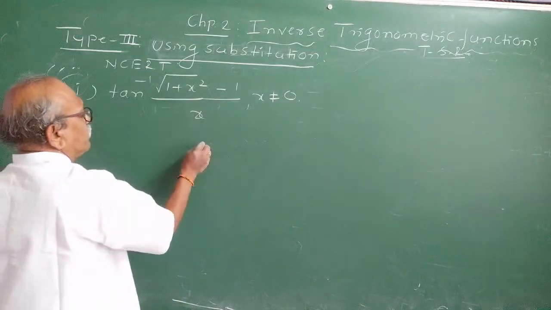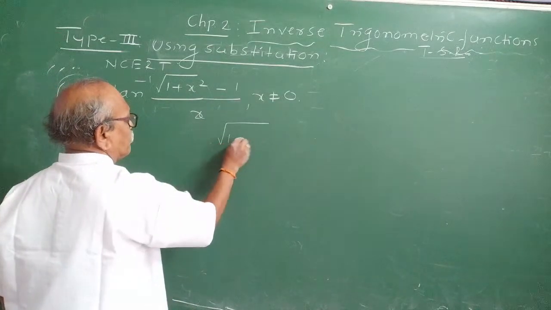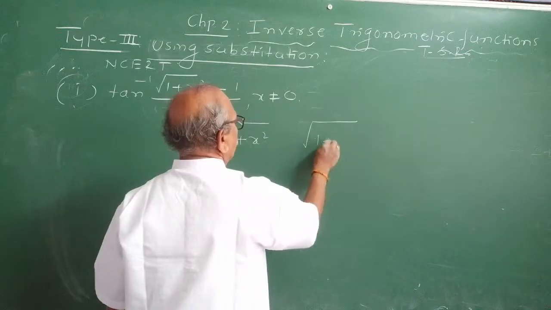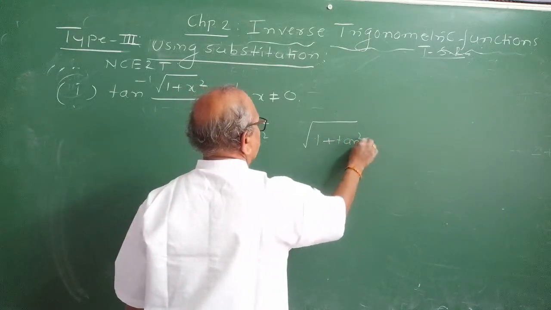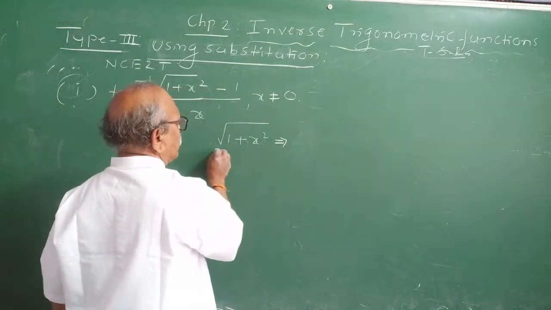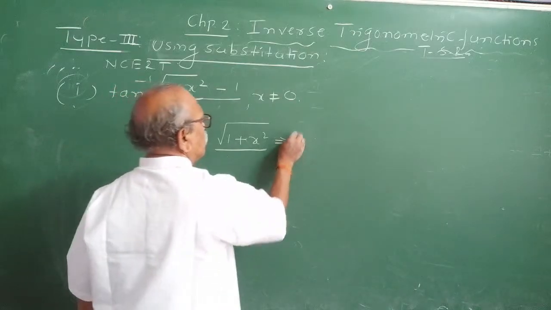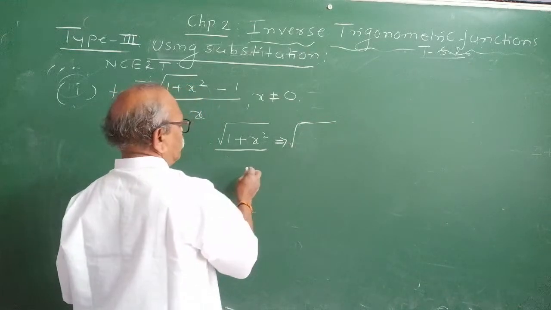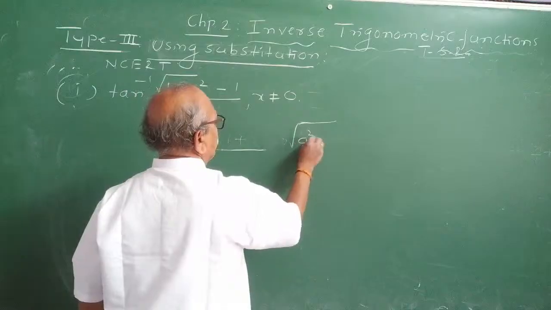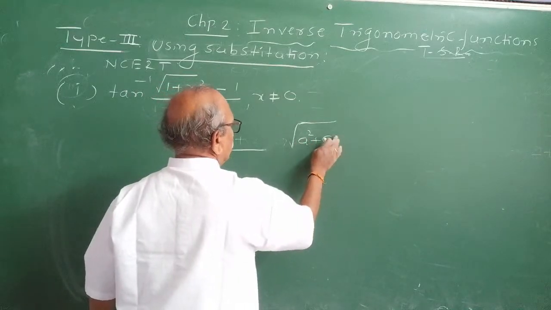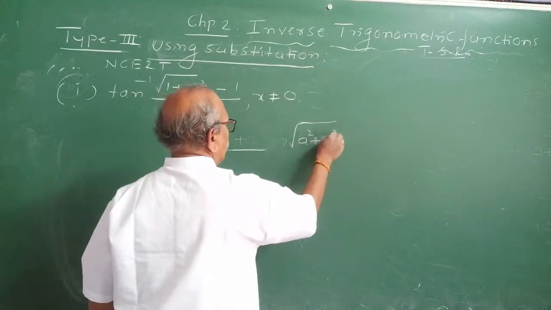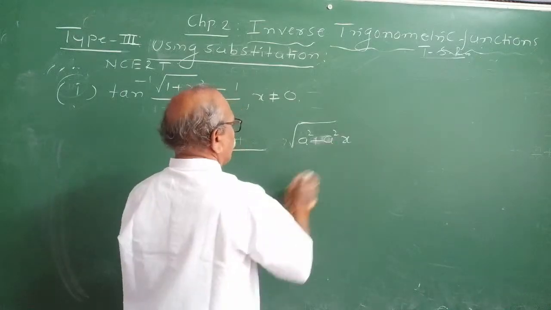Now, whenever you get root of 1 plus x square, the nearest identity is root of 1 plus tan square theta. Sometimes you may get the general form root of a square plus a square x square, or a square into bracket 1 plus x square.